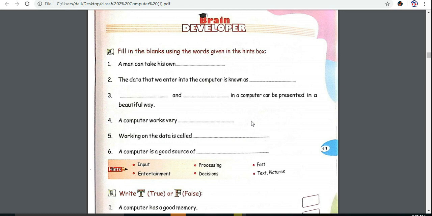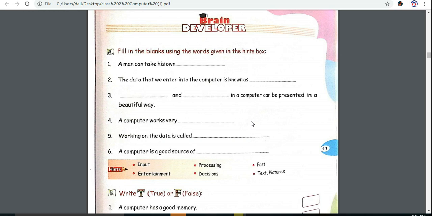Third question: dash and dash in a computer can be presented in a beautiful way. What things can we show in a beautiful manner? The answer is text and pictures.